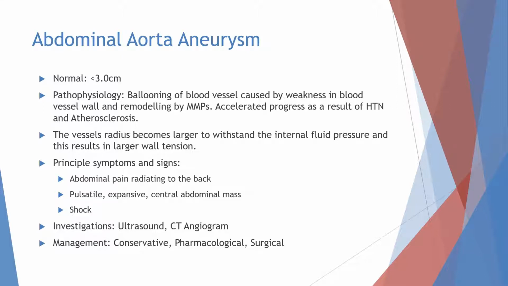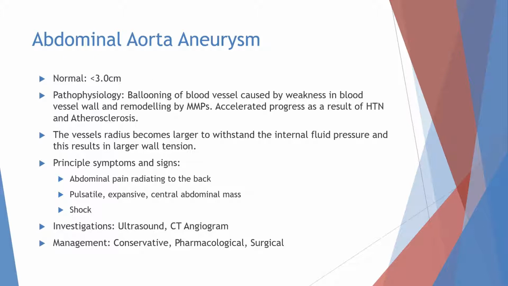And at a cellular level, the way that AAAs occur, although they are accelerated by hemodynamic processes such as hypertension and atherosclerosis, it's a dysregulation of cytokines at a cellular level that causes that predisposition and aneurysmal dilatation. A key mediator of that is a group of enzymes called matrix metalloproteinases.